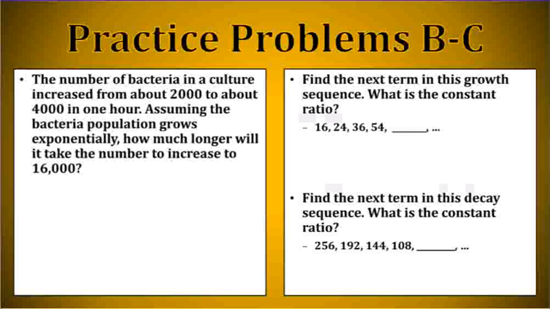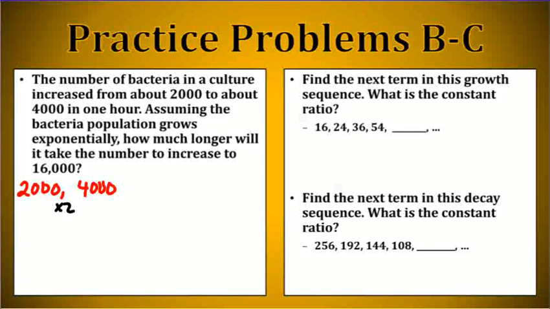Next, the number of bacteria in a culture increased from about 2,000 to about 4,000 in 1 hour. Assuming the bacterial population grows exponentially, how much longer will it take the number to increase to 16,000? So to go from 2,000 to 4,000, if we were just to create a sequence here, I had to multiply this by 2 to get to 4,000.